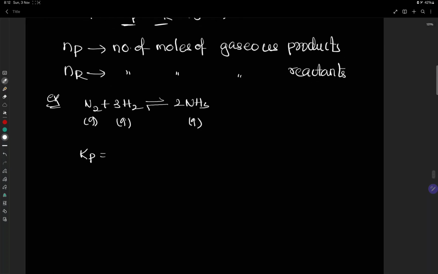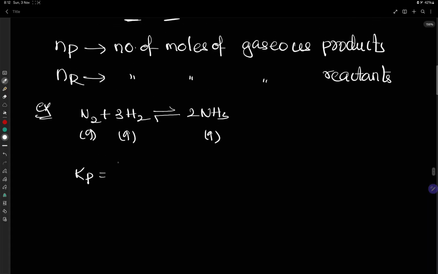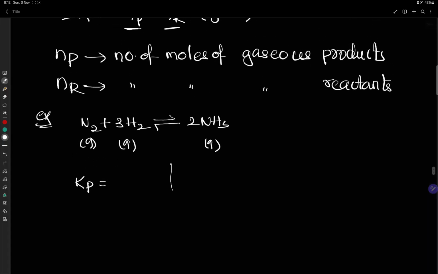Kp is equal to Kc into RT power delta N.